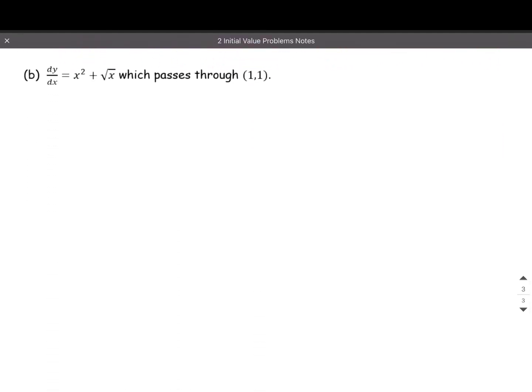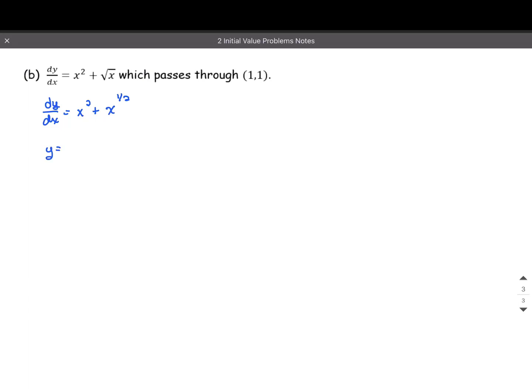Now this one, our differential equation dy/dx is x squared plus the square root of x. Before you try to take the antiderivative, you're going to rewrite this as x squared plus x to what exponent? What tells you to take the square root? An exponent of 1/2. Now we're ready for the antiderivative. What has a derivative of dy/dx? That's y.